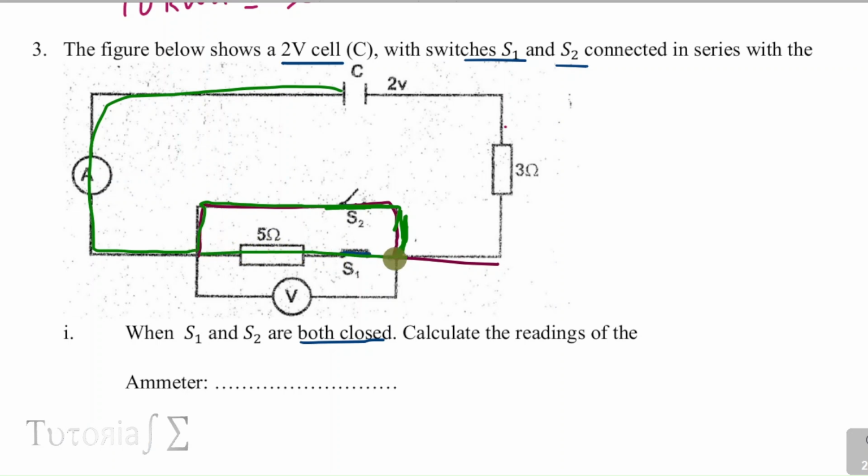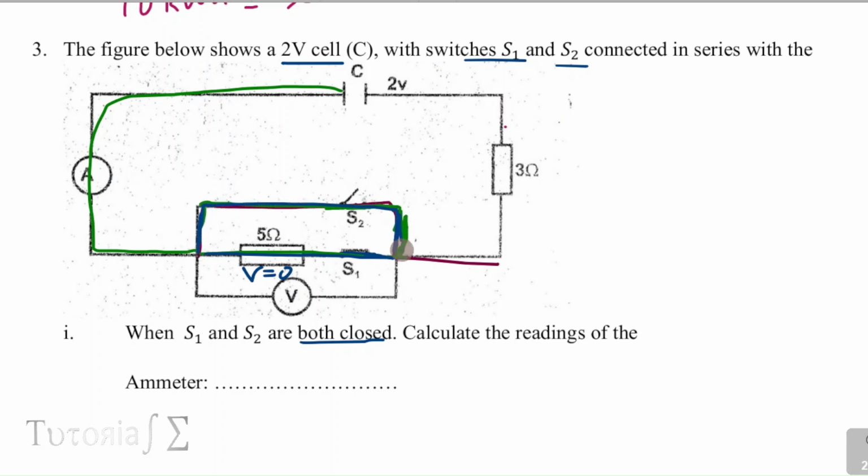So the voltage that will be here in this path will be almost zero. So the voltage will choose the path with the least resistance. So this path, the voltage will be zero, then voltage will go through this path here.